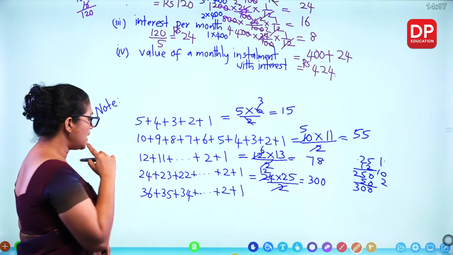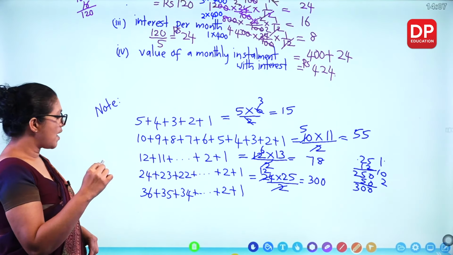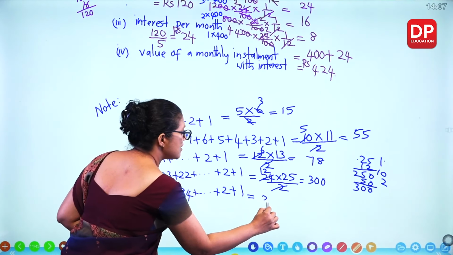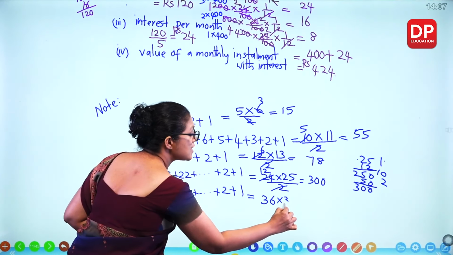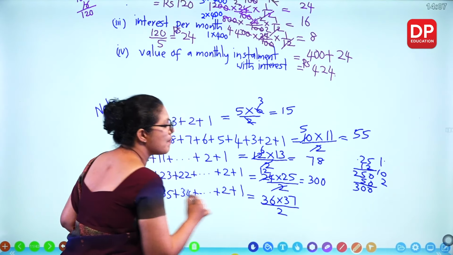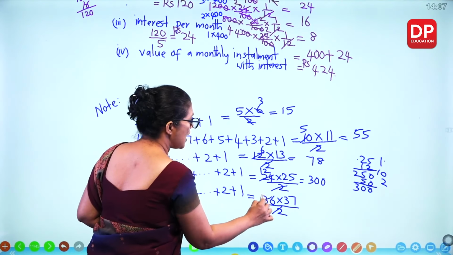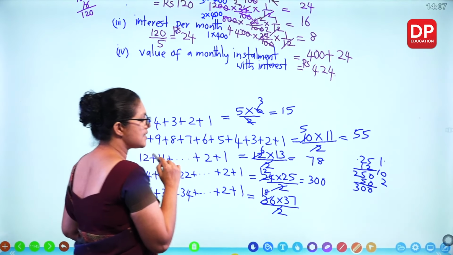What about this one? 36 plus 35 plus up to 1. You can write this one as 36 times 37 divided by 2. So 2 times 18, 18 times 37.